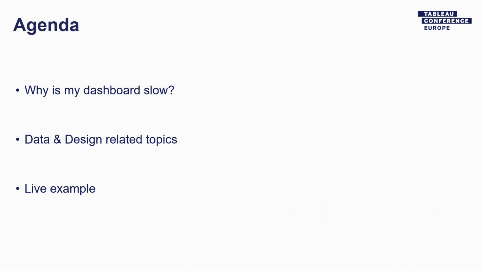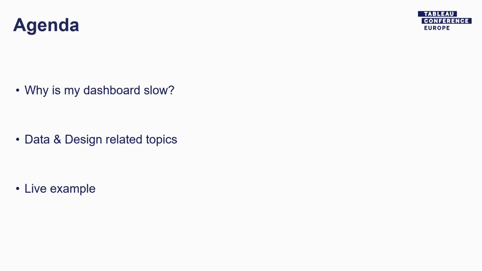So now that we know what to expect in general terms and have learned about our first key takeaway, let's have a look at the high-level agenda for today. So first, we tackle the holy grail of all questions: why is my dashboard slow? And we're going to find out what can be the specific troublemakers.